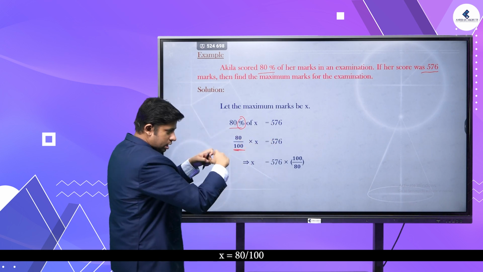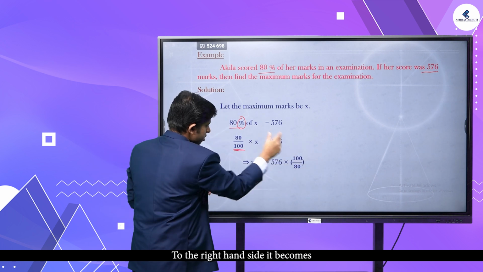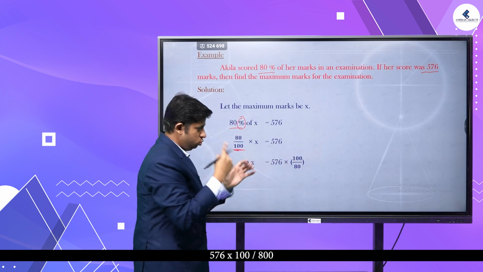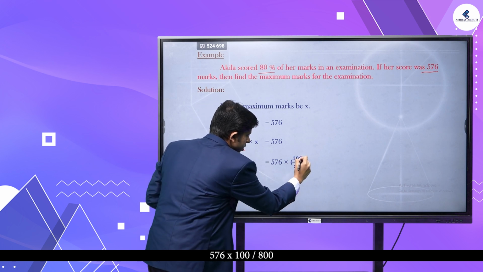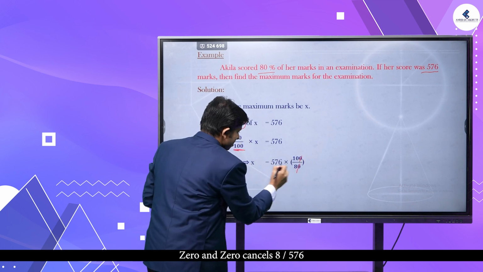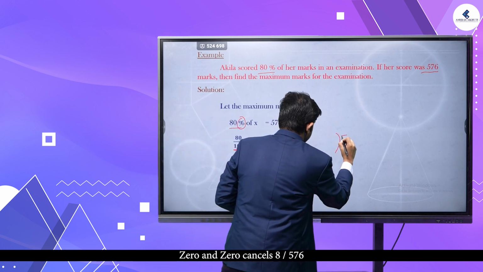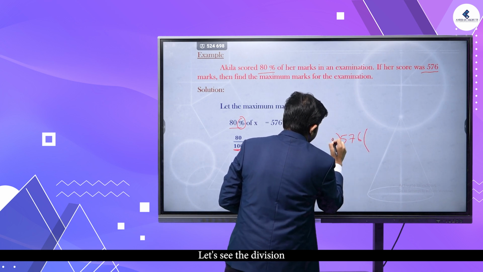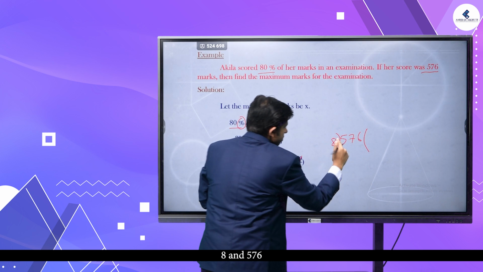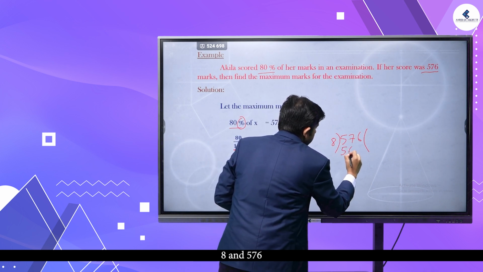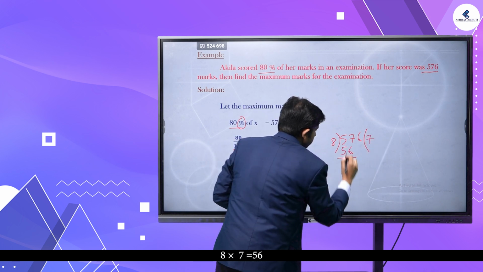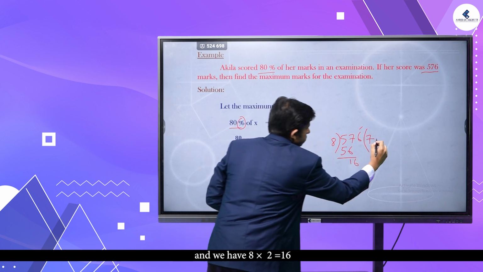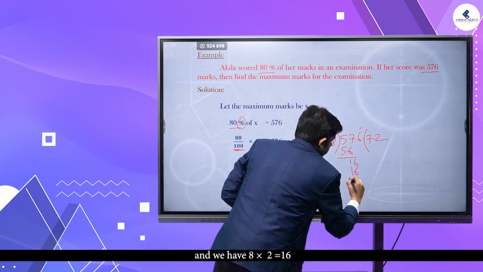x equals, transposing 80 by 100 to the right hand side, it becomes 576 into 100 by 80. 0 and 0 cancel. 8 divided into 576. Let's see the division of 576 by 8. 8 sevens are 56. Bringing the 6 down, 8 twos are 16.